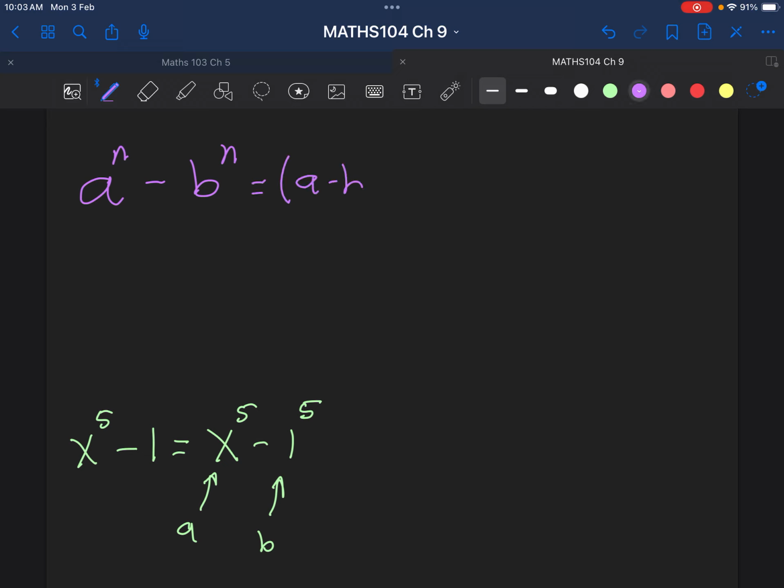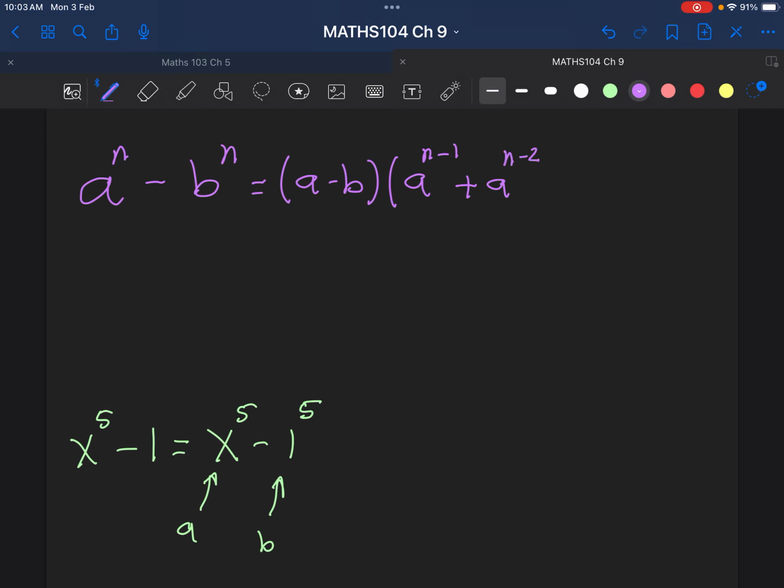The formula will be A minus B, and then take A to the power of n minus 1. So if it is 5, the next one will be 4. And then take A to the power n minus 2.